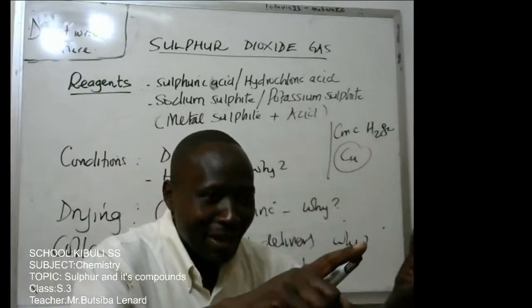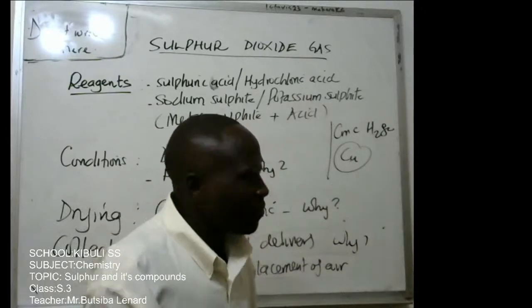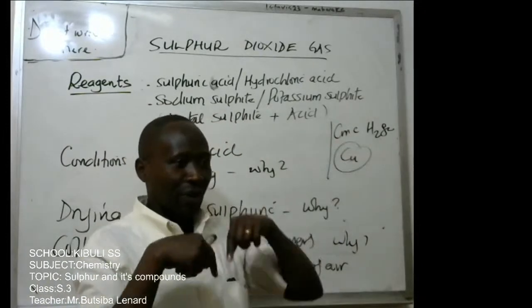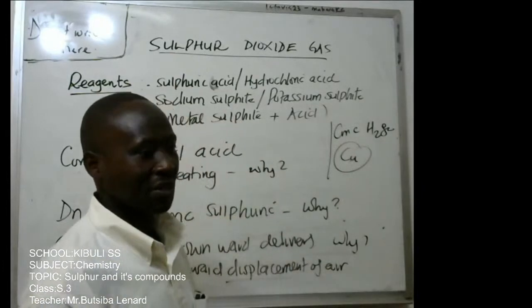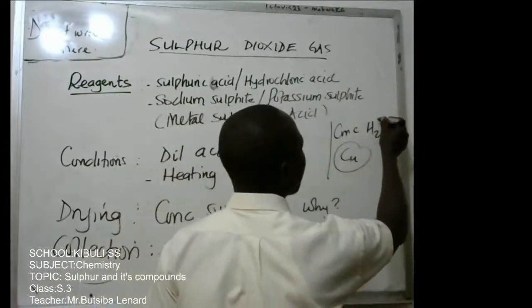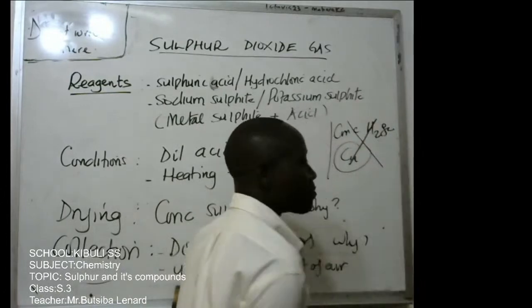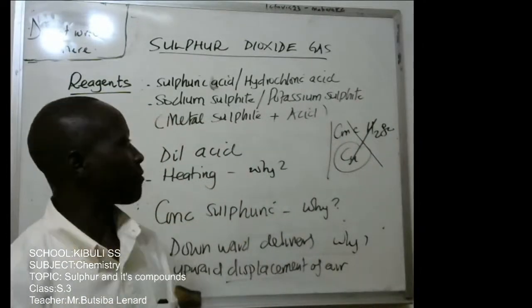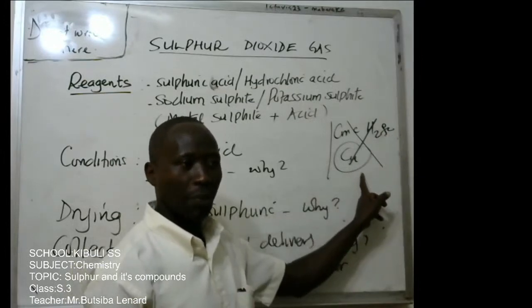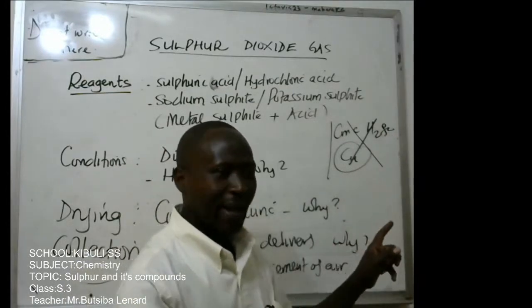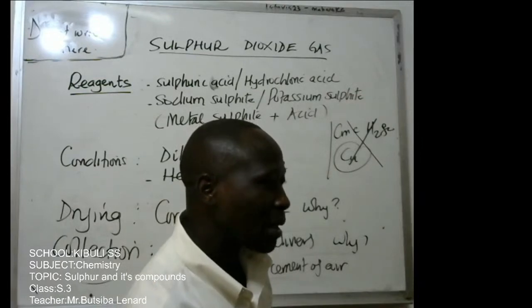Dioxide. But the syllabus says students of S4 cannot handle concentrated sulfuric acid during preparation. So for that matter, we don't examine students on preparation of sulfur dioxide from concentrated sulfuric acid and copper. That's why the notes are saying something different.